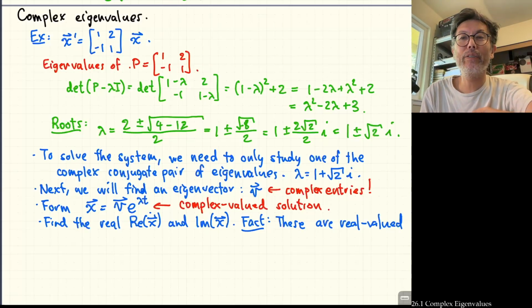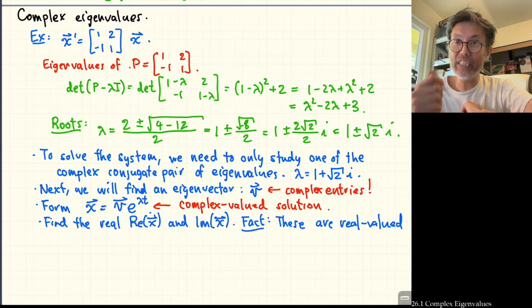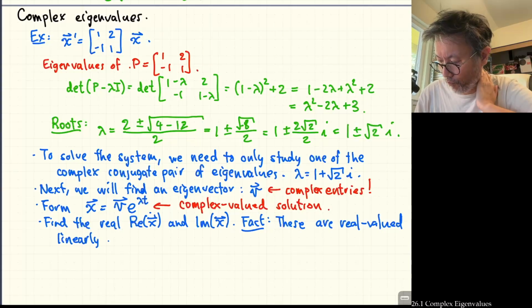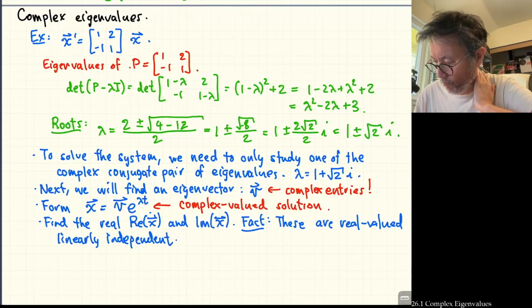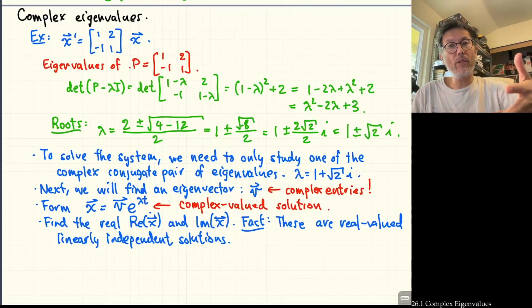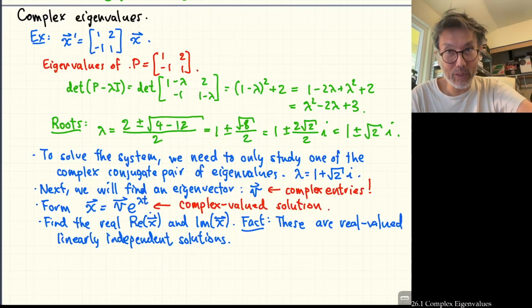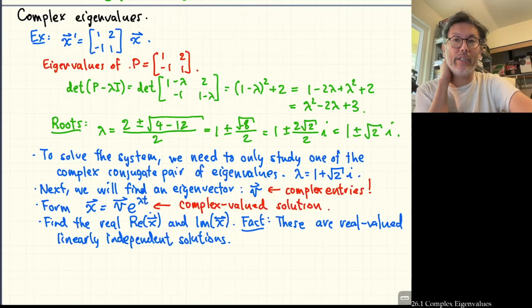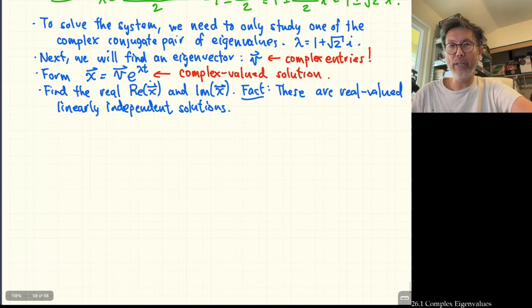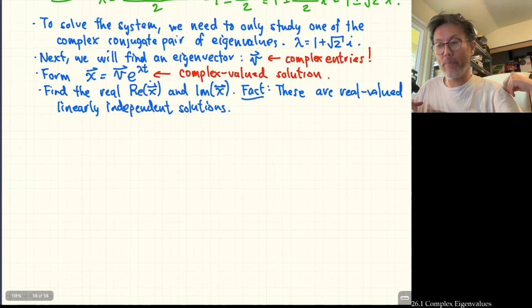Not only are they real valued solutions, but they're also linearly independent. Okay? Now, how are we going to find the real part and the imaginary part? Well, this is where we're going to use Euler's formula, okay? It's going to be quite computationally intensive, but you are not children, okay? You can handle a bit of long computation.